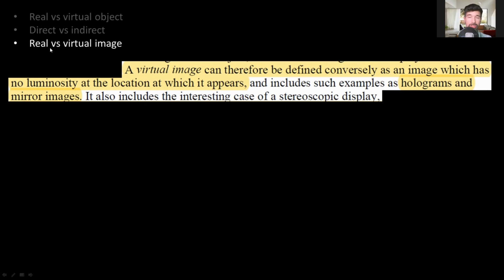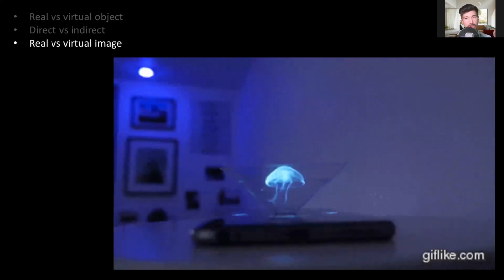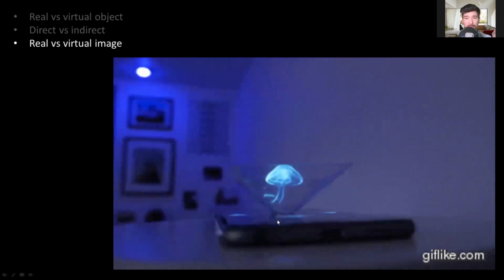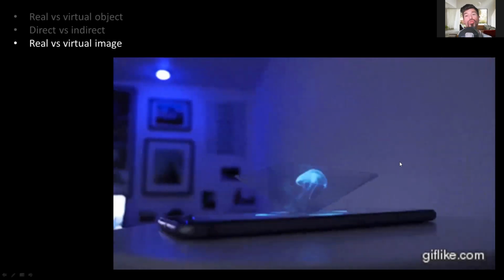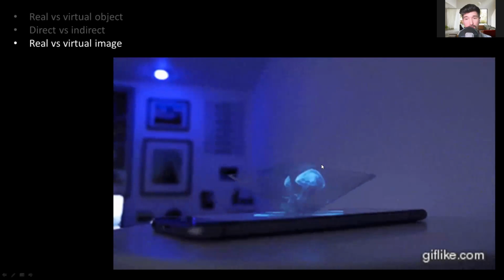A virtual image is something you create in your head, or it's a hologram, so something that doesn't have luminosity at the origin point or the location at which it appears. So in this case, we have a real image on the phone, which means it has luminosity there. And then that image is being projected and reflected to us, which means this is a form of a hologram.